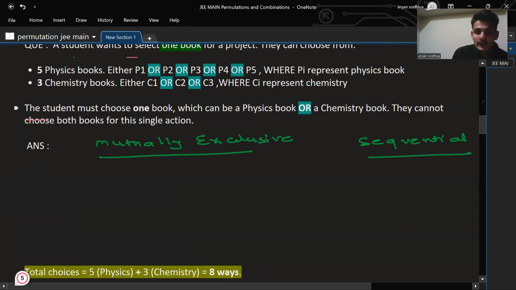These are quite opposite things. In these cases, "or" is used. In these cases, "and" is used. Like if I need to select one book out of 8 books.